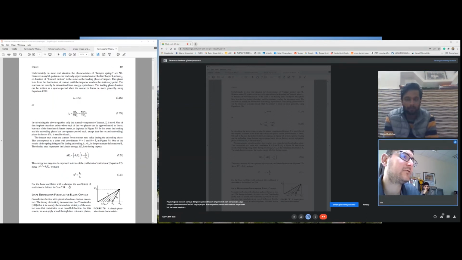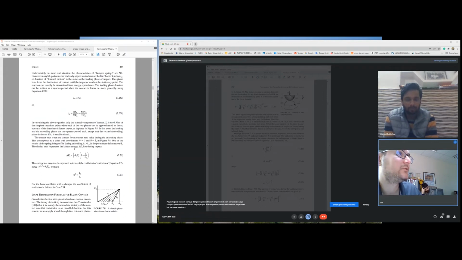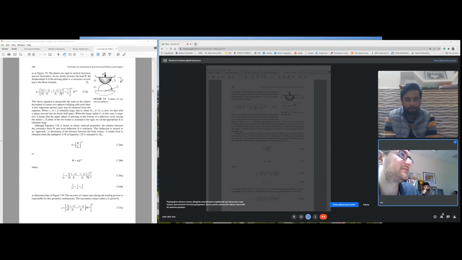Okay, local deformation formulas for elastic contact. Initially we have got elastic, but after that it is changing its shape. So you can say that, for example, during the impact, the initial phase is elastic contact. You can take some ideas from here. Not all of them, maybe just some words, not the equations.